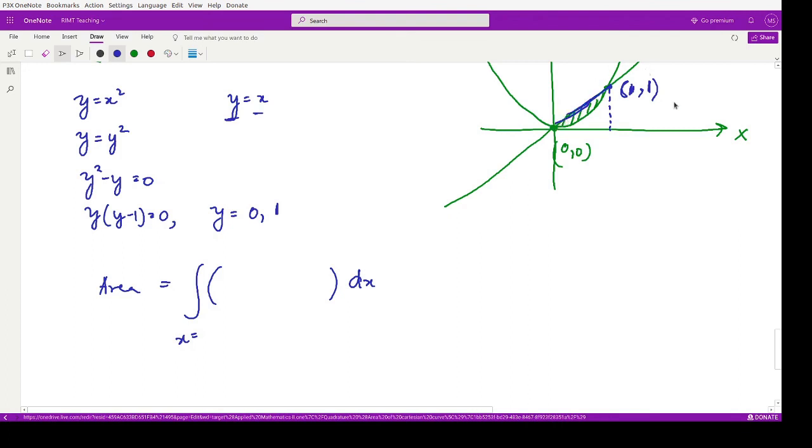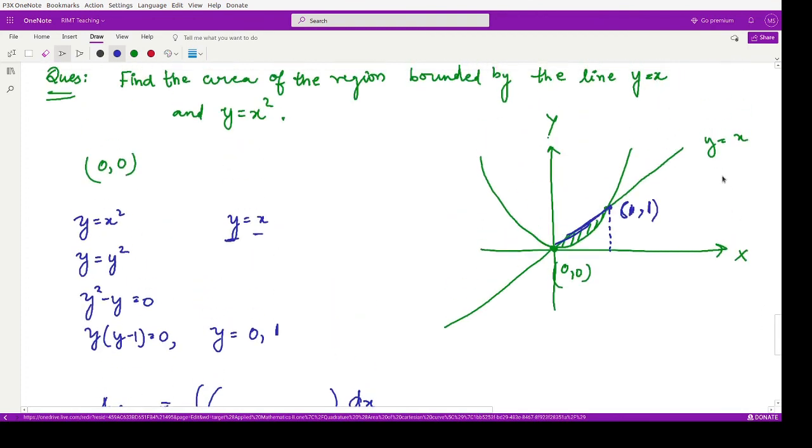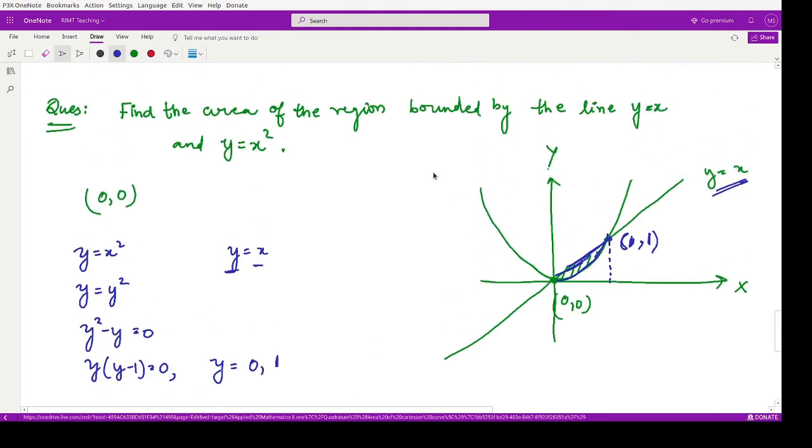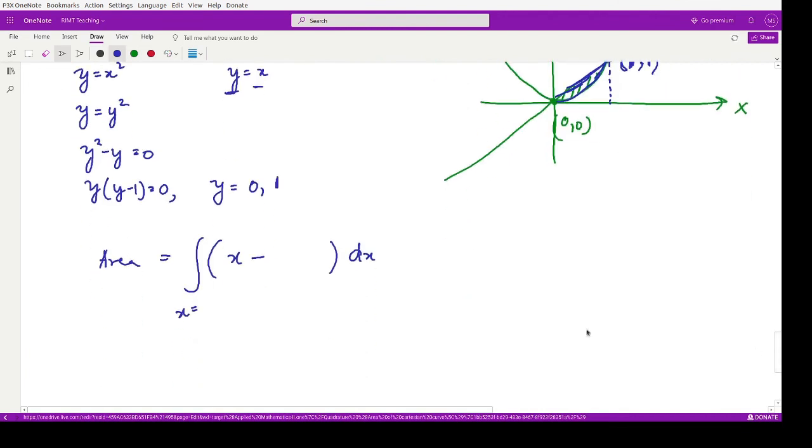For this curve we have y is equal to x. So the value of y here is x, and for this curve, what is the equation? It has equation y is equal to x square. So the value of y here is x square.